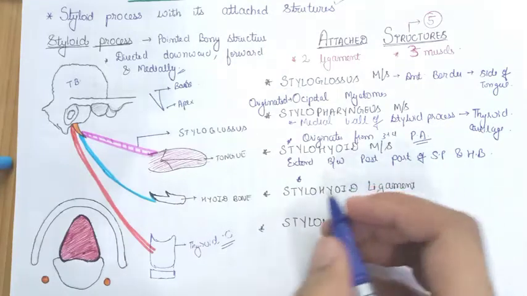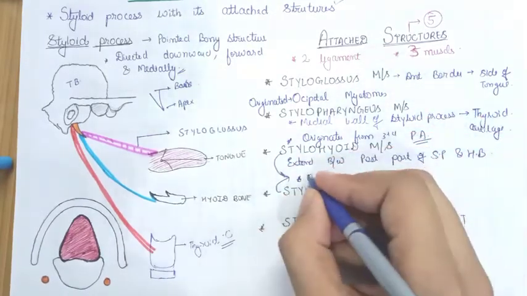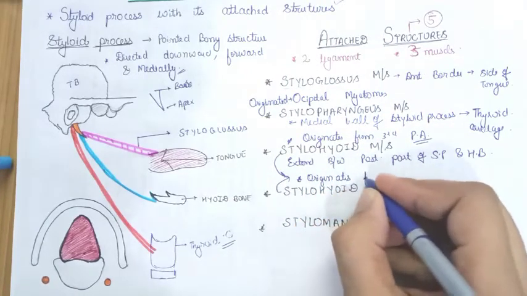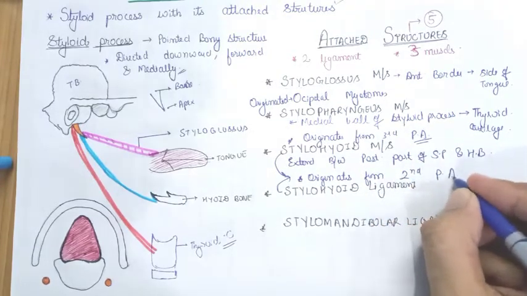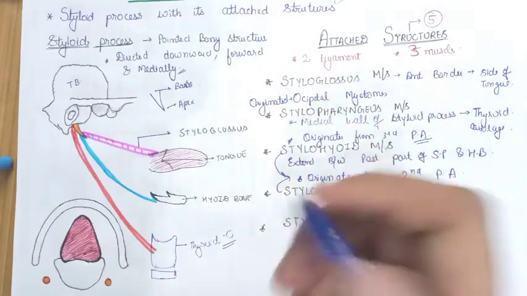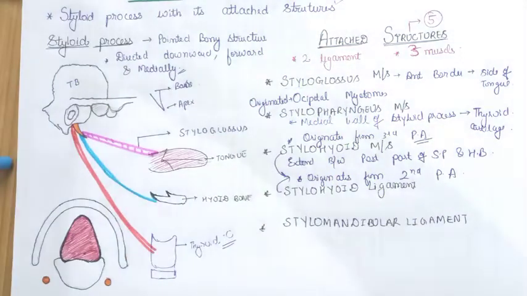Both the styloid process and the stylohyoid ligament make their origin from the second pharyngeal arch. Now the stylohyoid ligament makes its attachment to the lesser cornua and to the styloid process.